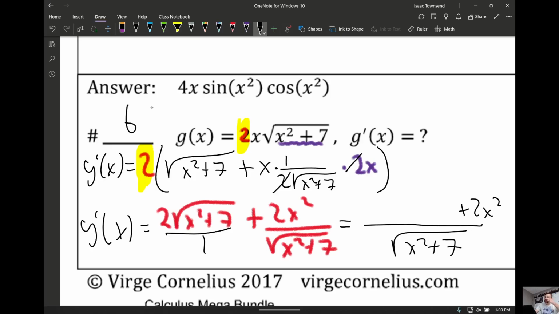But the left fraction needs the top and the bottom multiplied by this common denominator. Okay, so I get 2 times the square root of x squared plus 7 times the square root of x squared plus 7.